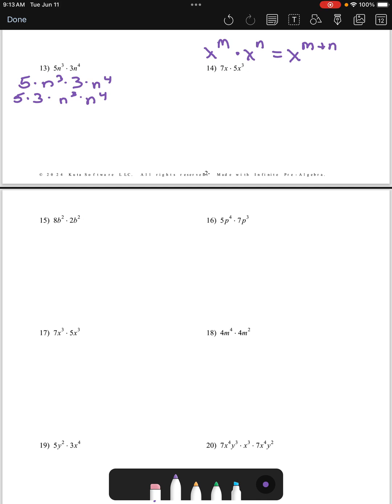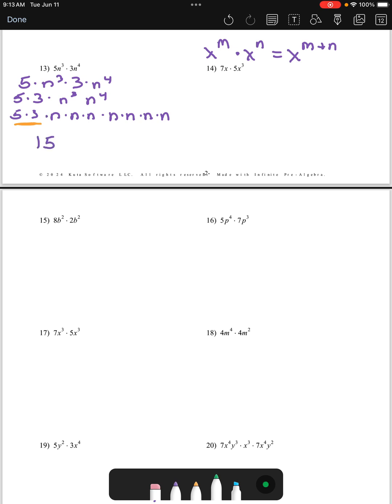This is multiplication, so I can rearrange it to put the numbers next to the numbers and the n's next to the n's. And now for this example only, I'm going to actually write this all out. So n to the third power is 1, 2, 3 n's. And n to the fourth power is 1, 2, 3, 4 n's.